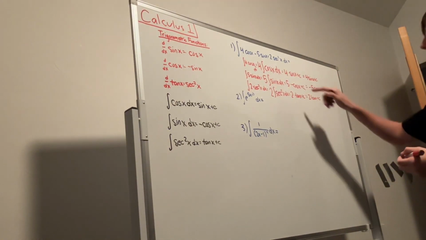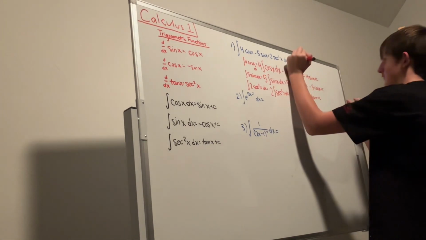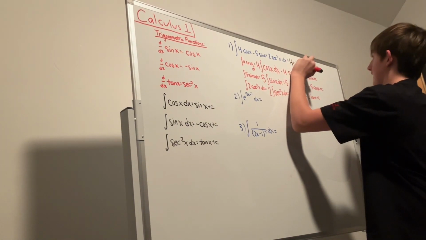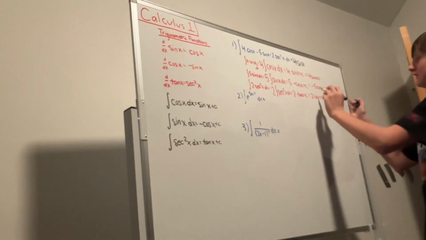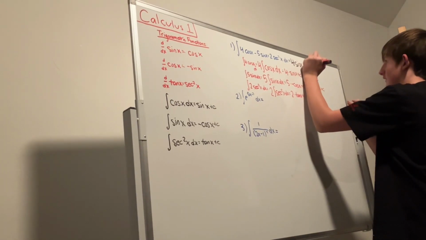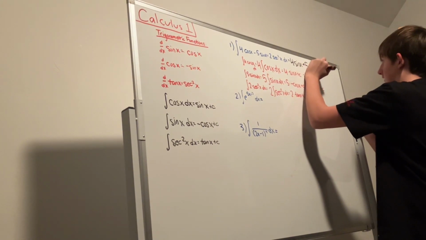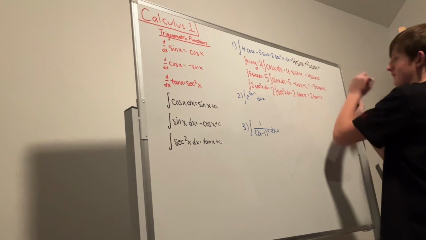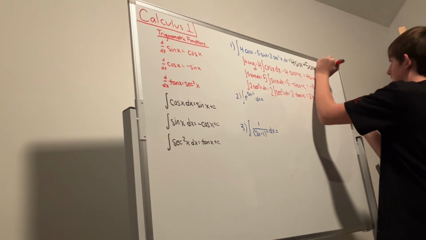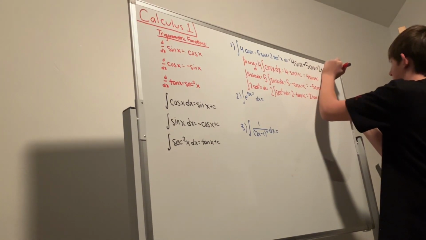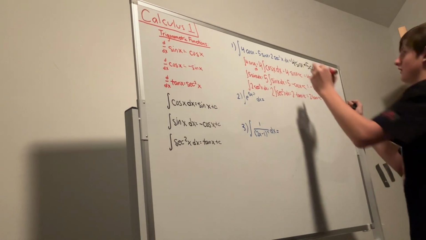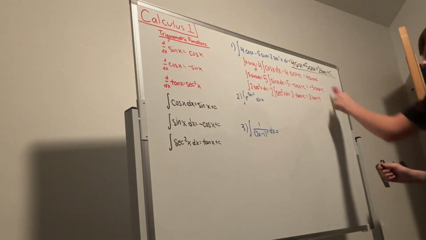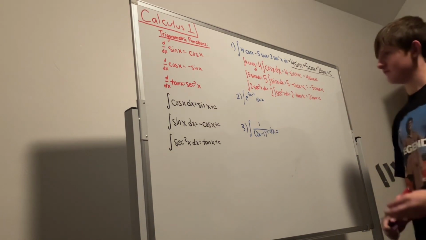This is going to result in our answer being 4 sine x minus negative 5 cosine x, so plus 5 cosine x, and then plus 2 tangent x plus our constant of integration. So this is going to be our answer for number 1.